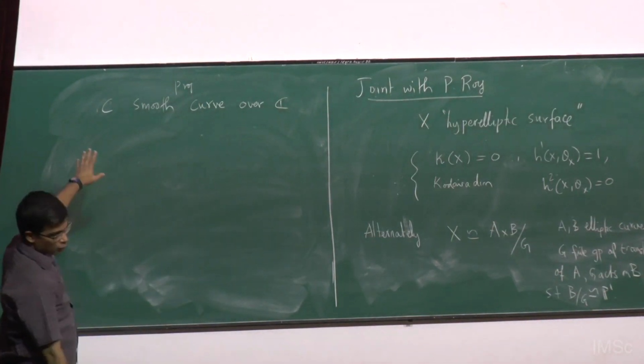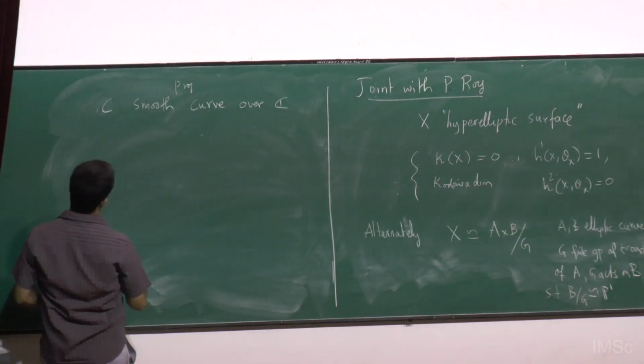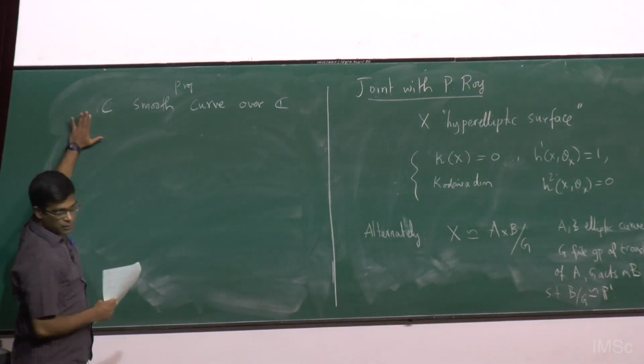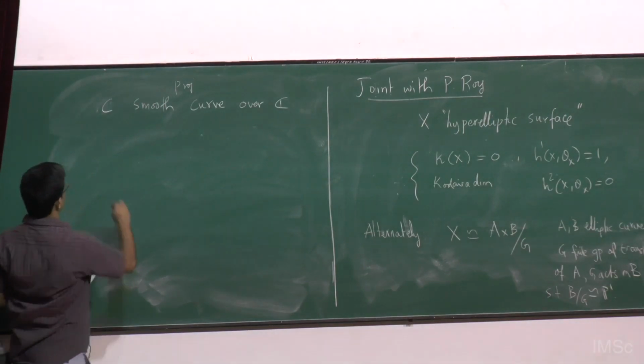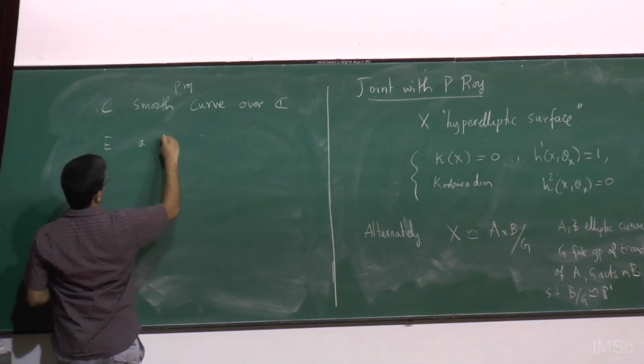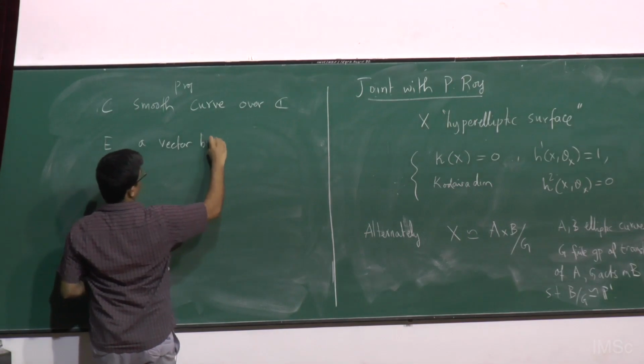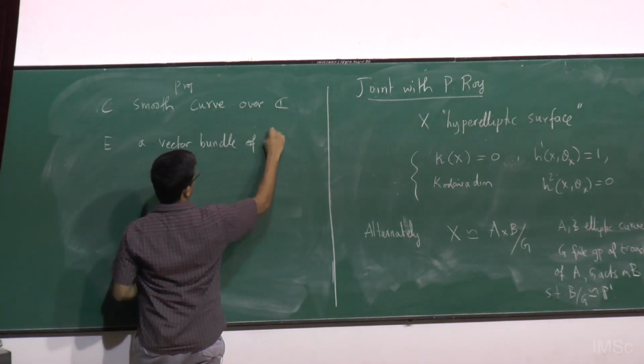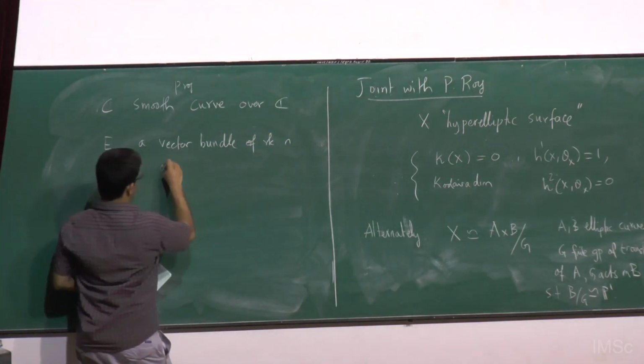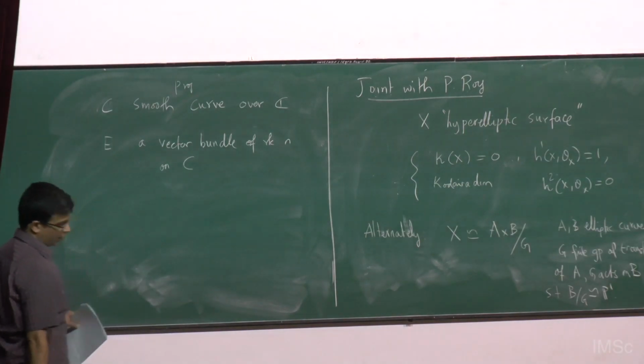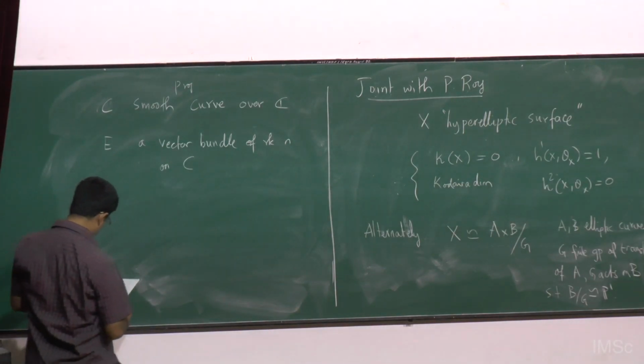It won't play a role, so what I want to do is look at Grassmann bundles on this curve. So we want to look at a vector bundle. E is a rank n vector bundle on C.